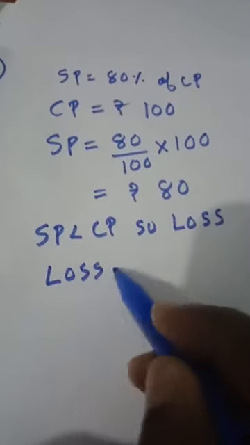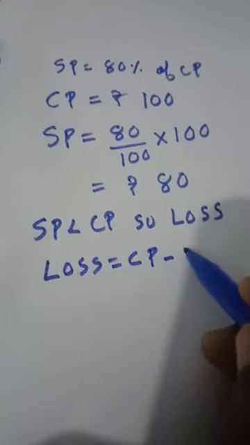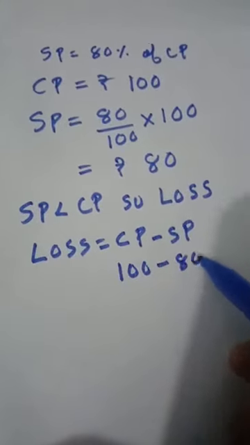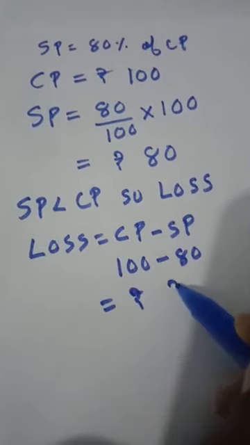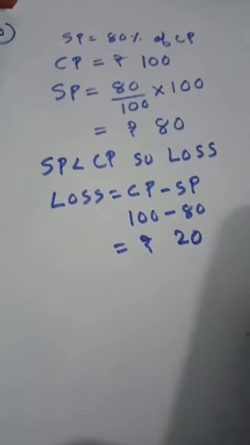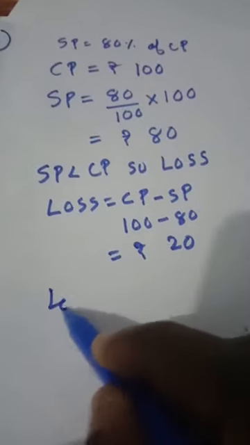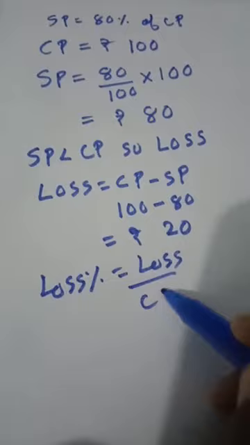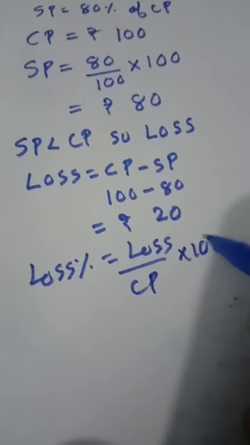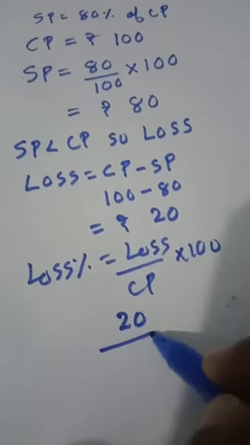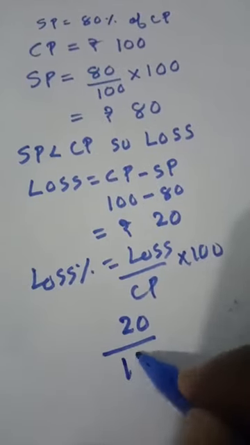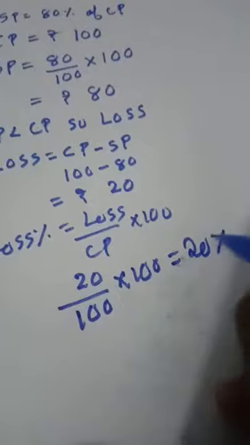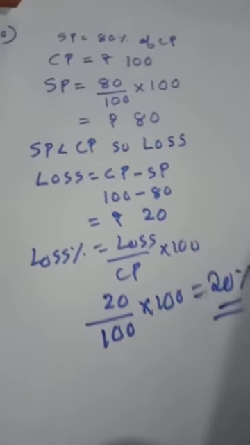Loss is equal to CP minus SP. 100 minus 80 equals rupees 20. So loss percentage equals loss by CP into 100. What is loss? 20. What is CP? 100, into 100. So it is equal to 20% loss.